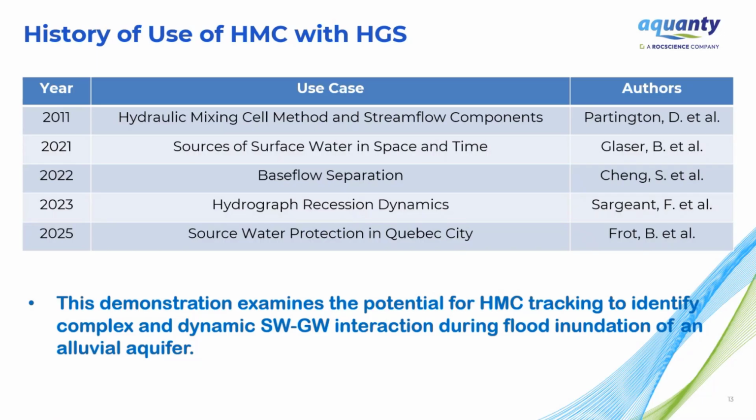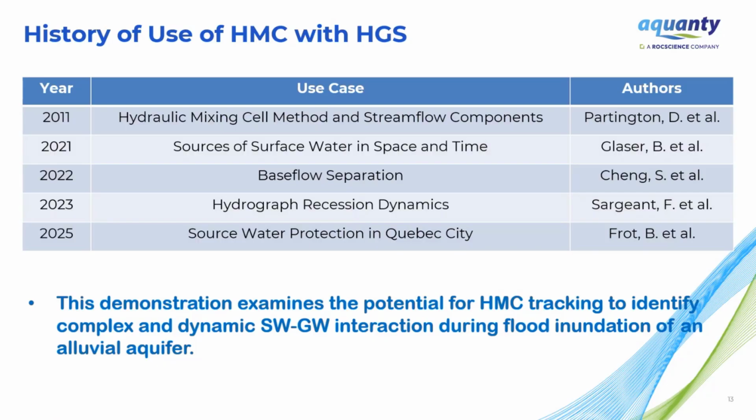Anyway, a little bit of history on the use of HMC in HGS. The foundational paper came out in 2011 by Daniel Partington, and it was primarily on explaining the hydraulic mixing cell method, but then also looking at applications of separating different stream flow components.